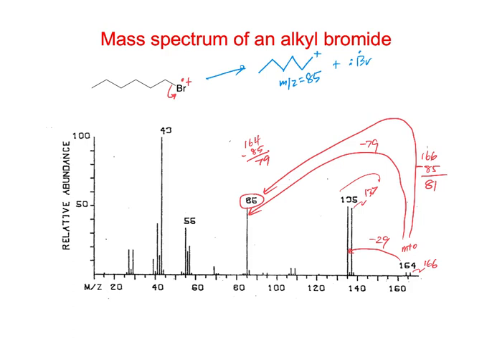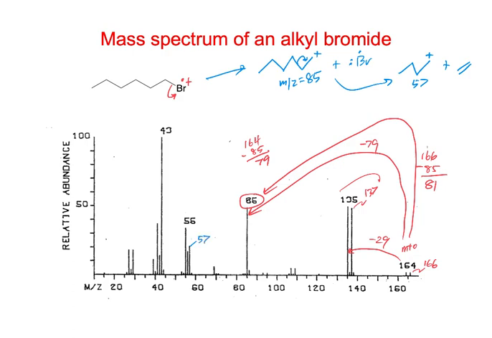We can get some of these other smaller ones from here too. We can do another cleavage like this, which gives us this plus this. This is 28 lower, so this is 57, which is here.